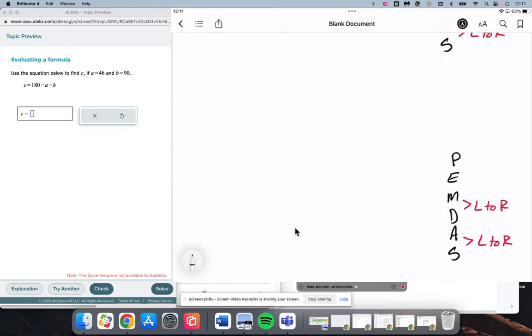So next we have C equals 180 minus A minus B. And in this case, A is 46 and B is 90. So again, substituting these values into that equation, we have C equals 180 minus A, which is 46, minus B, which is 90.